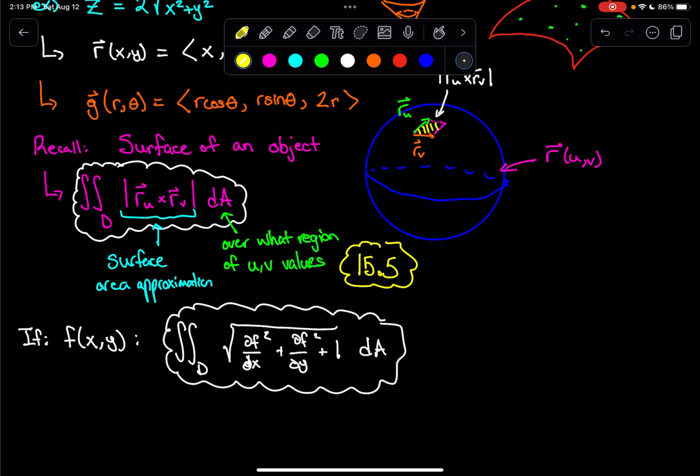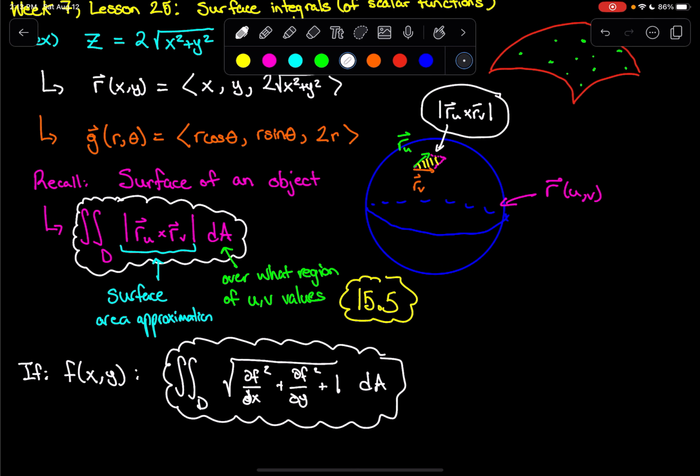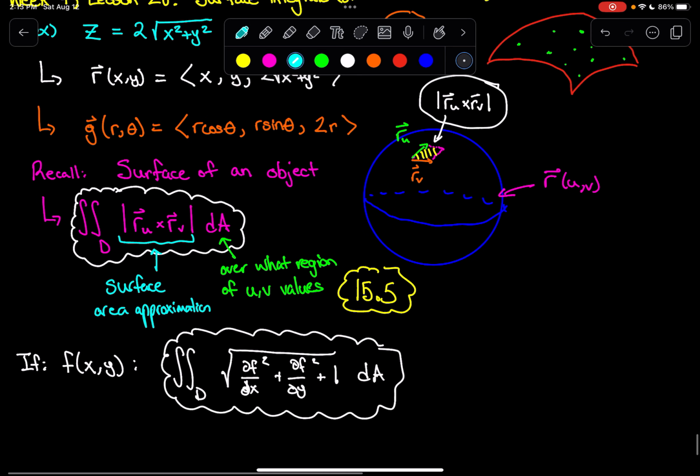Once we understand that and feel comfortable with the fact that this magnitude of r_u cross r_v is basically an approximation of our surface area, we can start to reason how a mathematician might calculate the value of a function on just the surface of an object.